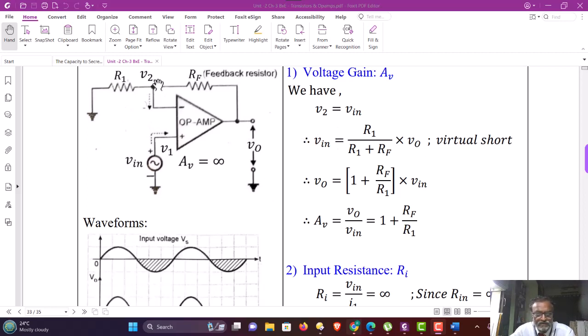The voltage V2 is the same as Vin, and that is nothing but the voltage across R1. So the voltage across R1 is R1 upon R1 plus RF times VO.